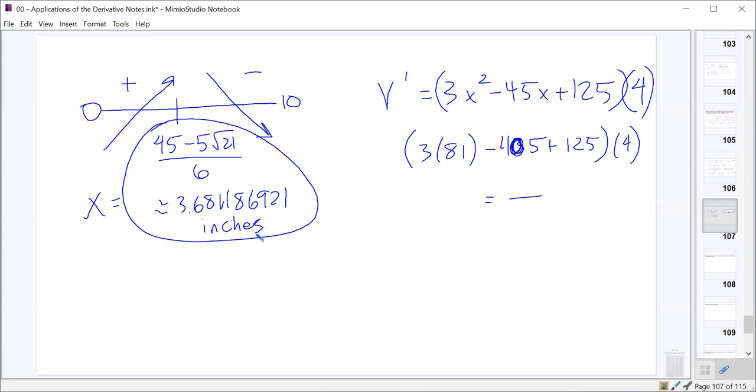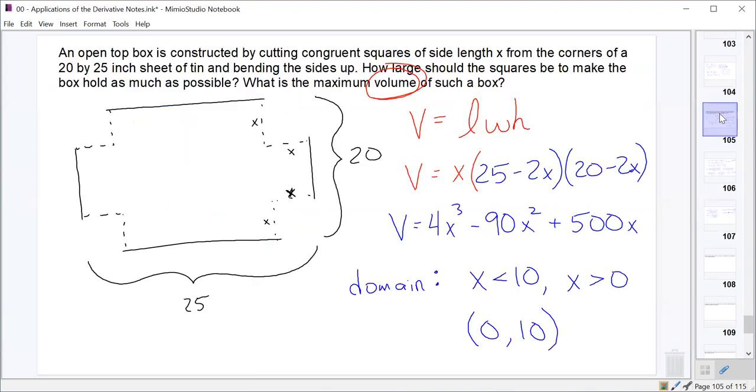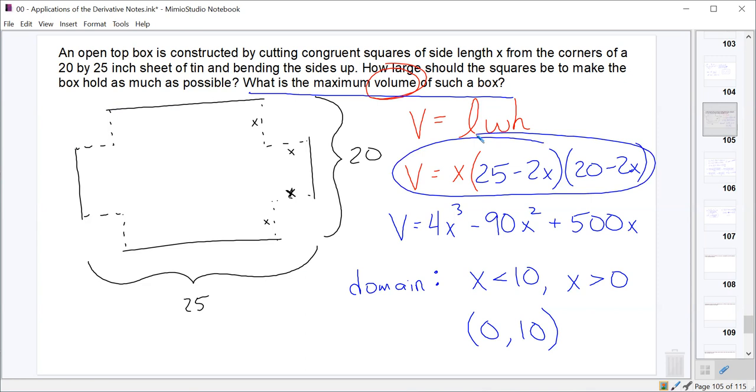And then it did ask us in the end here, we look back at the problem, it said, what is the maximum volume? So our original volume formula was this, x times 25 minus 2x times 20 minus 2x.